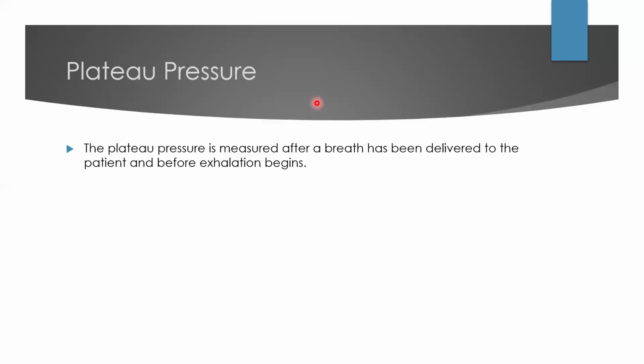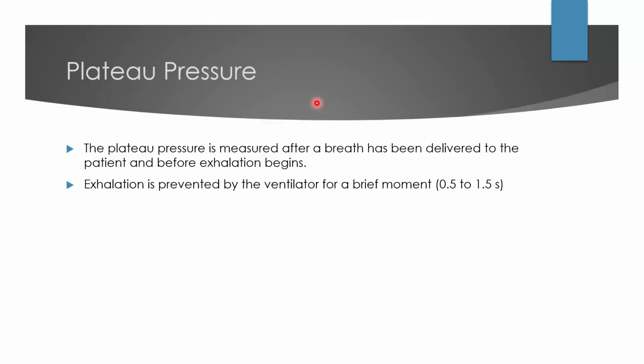The next pressure is the plateau pressure. The plateau pressure is measured after a breath has been delivered to the patient and before the exhalation begins. It means that the plateau pressure is the pressure existing inside the alveoli at the end of inspiration. We know that in spontaneous breathing, the alveolar pressure was 0 before the beginning of inspiration, and it drops to negative during inspiration, about -1 or -2.